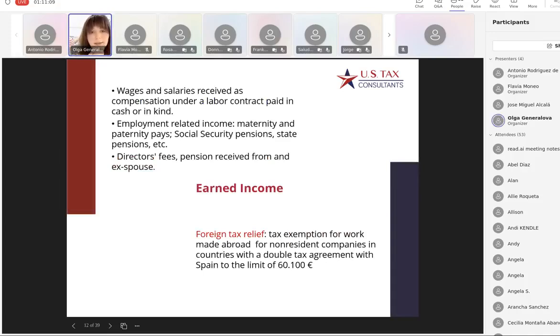Here you can see the main types of income that Spain classifies as earned income. And there is something very important we see again and again with clients. The first thing, distributions like US Social Security benefits, 1099-SSA, are taxed in Spain as earned income.